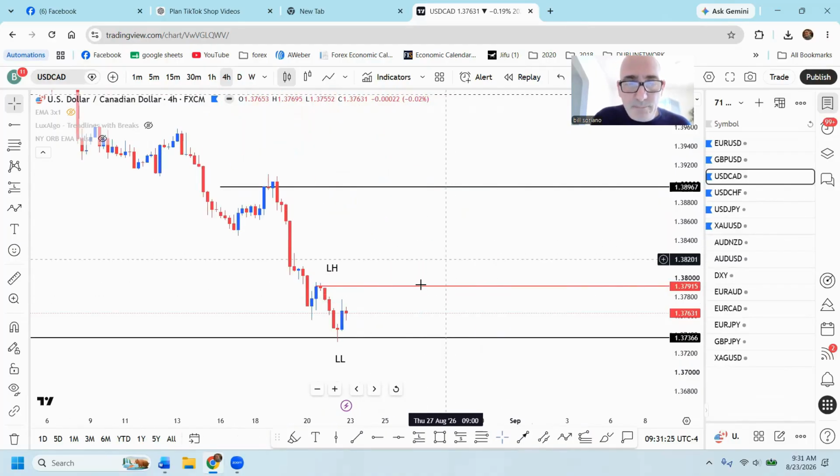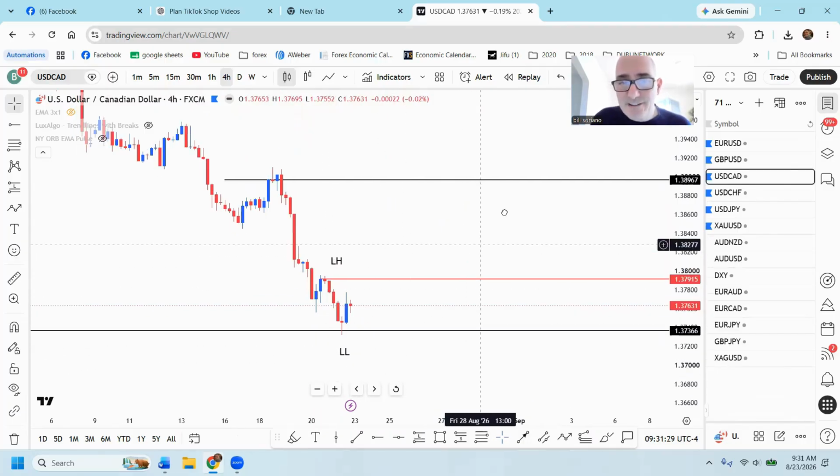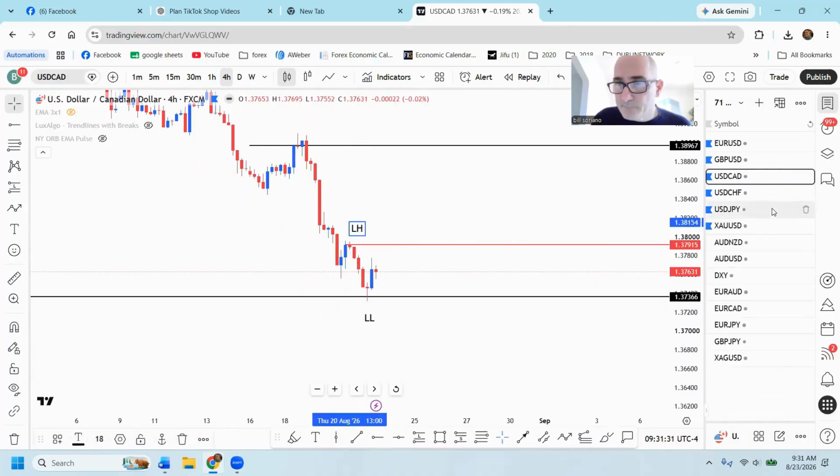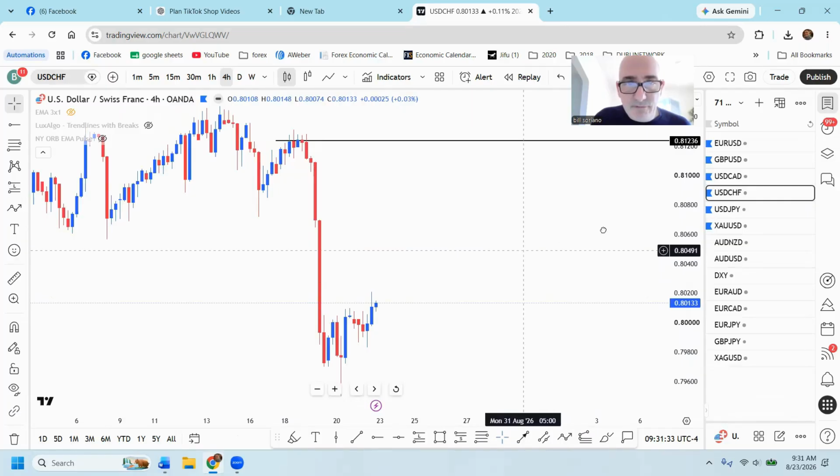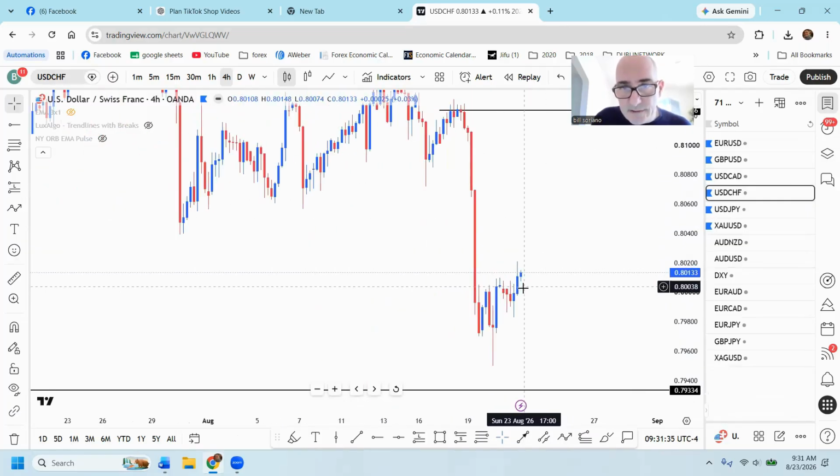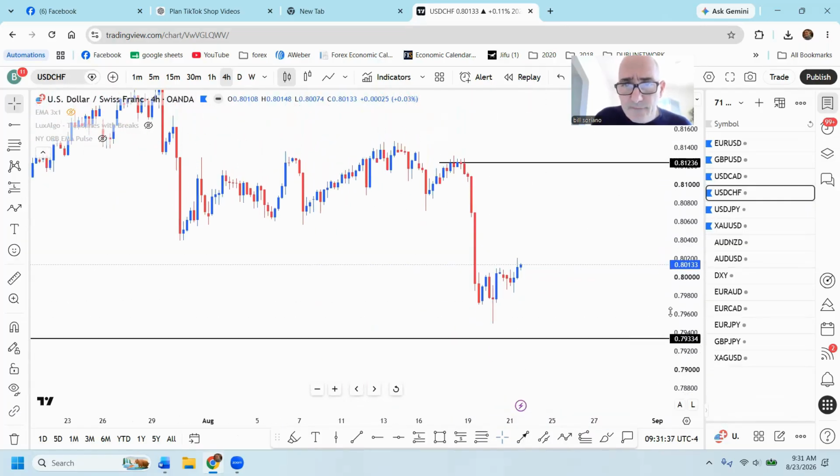Now, more than likely, price is going to move lower anyway, and we're going to get a new lower high at some point during the week. Let's look at USD CHF. USD CHF is in a clear downtrend here. This was a big move down. This low here is obviously lower than this low, and there's no low lower than this low here, so this is going to be our lower low.